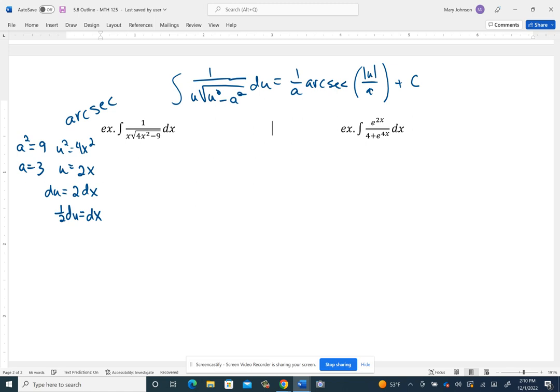So this pretty much looks like I want it to. I'm going to try to get all the pieces plugged in, on the one that has the 4x squared minus 9.